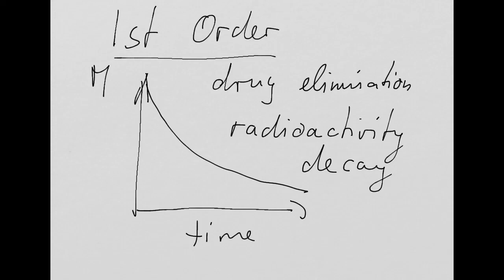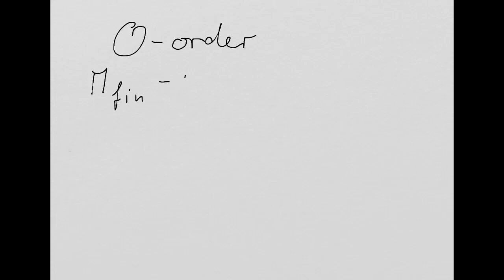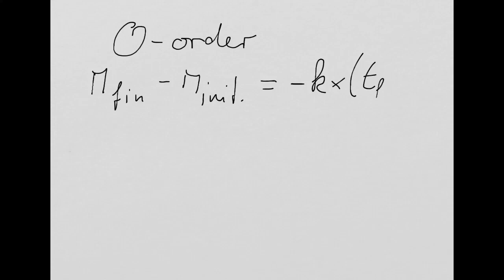Right. Now what I haven't shown you with this first order reaction is how we can translate that into a nice equation. Now I said to you, for a zero order reaction, we have the equation M final minus M initial equals minus K times T final minus T initial. That was the equation that I want you to remember.